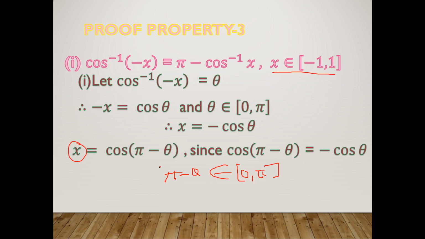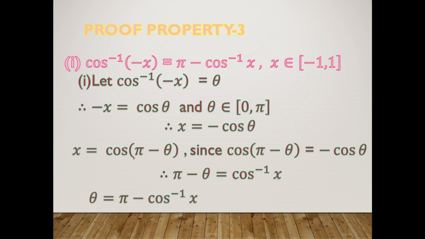Now we can take the inverse. So pi minus theta will be cos inverse x, right? So pi minus theta is equal to cos inverse x. That means theta is equal to pi minus cos inverse x. You can take cos inverse x to the left hand side and theta to the right hand side, so this gives theta is equal to pi minus cos inverse x, right?